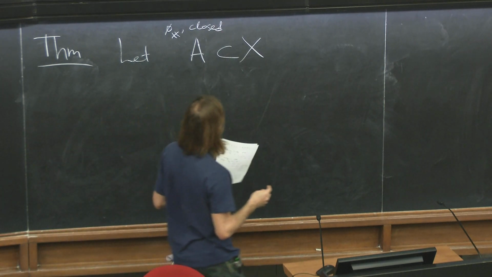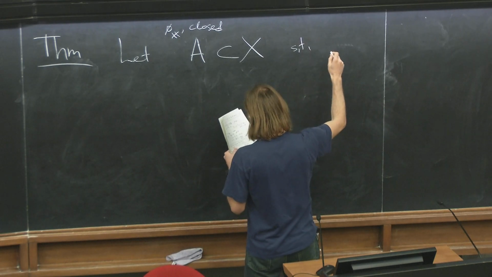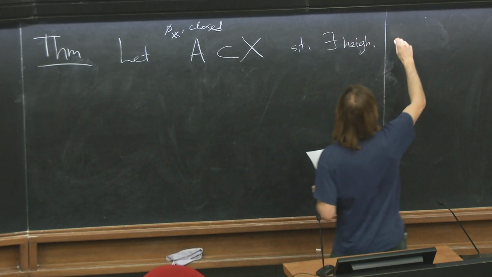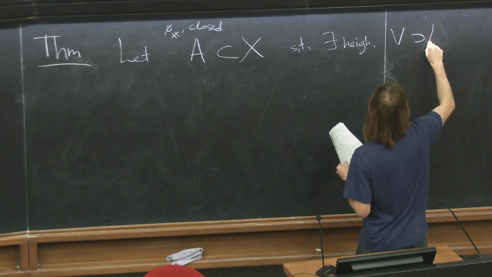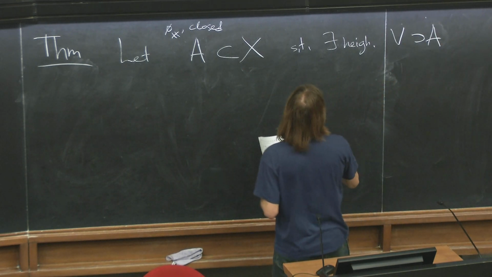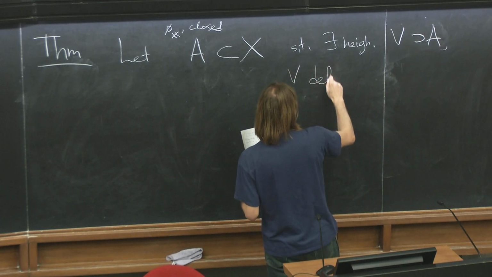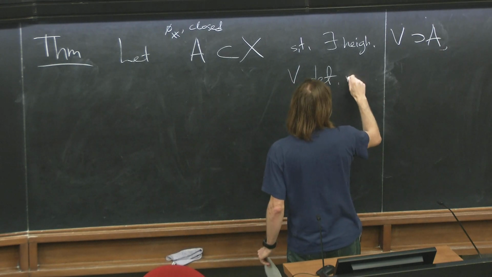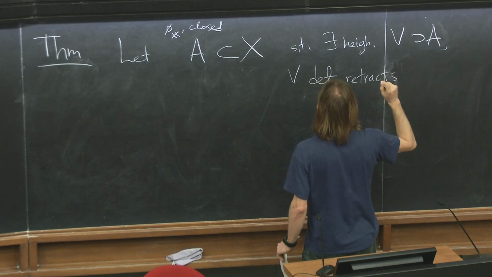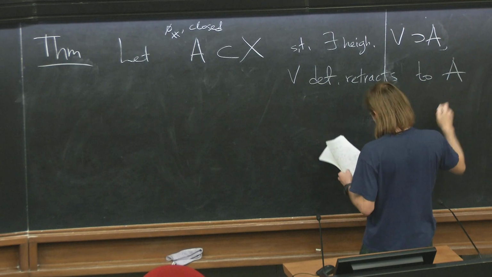And moreover, with the additional condition that there exists a neighborhood V containing A, and this V can be deformation retracted to A. So V deformation retracts to A.